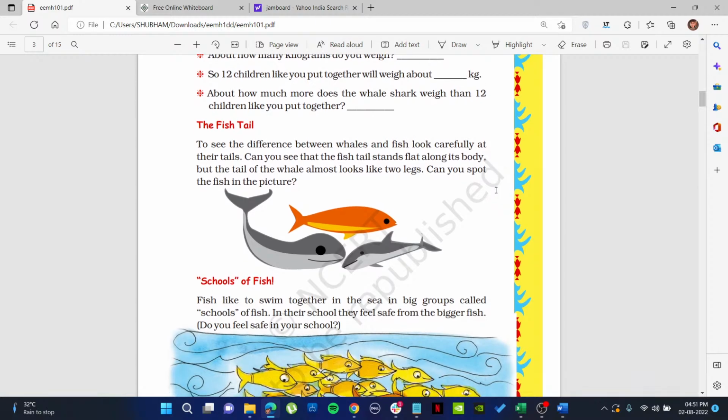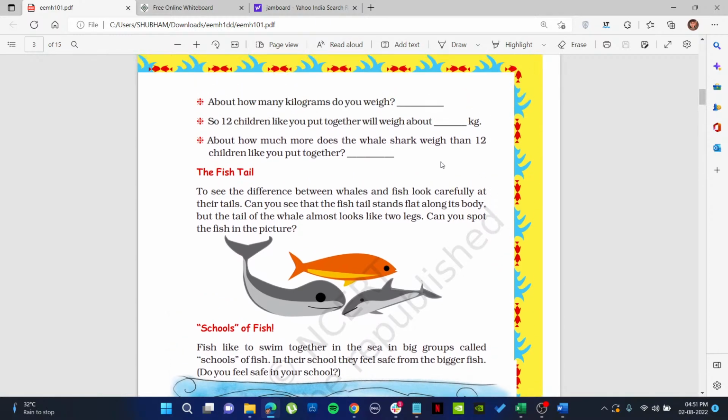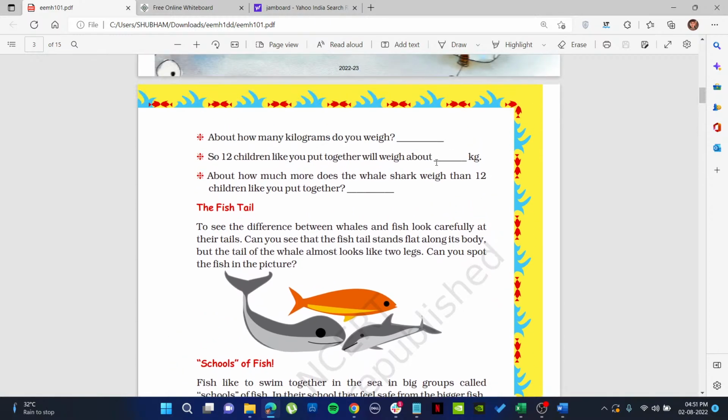And here we have also learned that suppose if you weigh 30 kilogram and we have to figure out the weight of 12 children. So what we have learned? We have learned that we can calculate it by the concept of multiplication. We can multiply 12 by 30. Why we are multiplying it by 30?